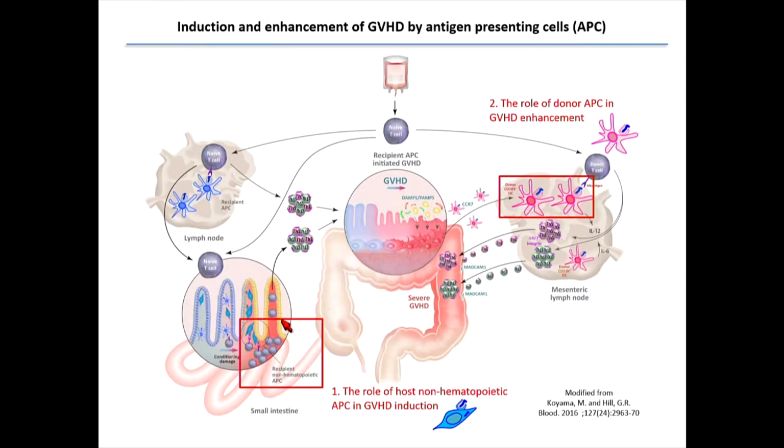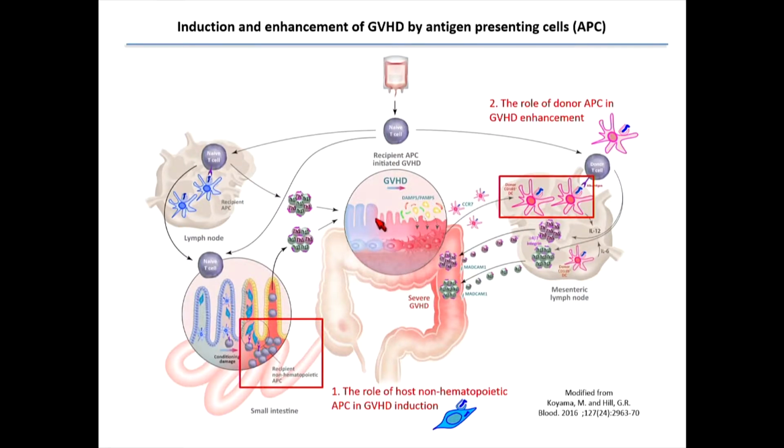Then the T cells proliferate and differentiate into Th1 or Th17 cells and start damaging the organs. In parallel, the donor APC is reconstituted as the hematopoietic APC.